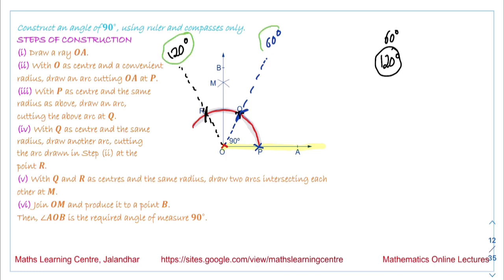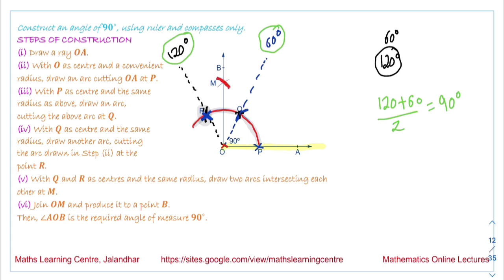Now in the next step, we have to bisect these two angles. Bisecting means we are finding the midpoint of these two values. It is (120 plus 60) by 2, which is equal to 90 degrees. So first, we keep the tip of the compass at the point R and mark an arc like this.